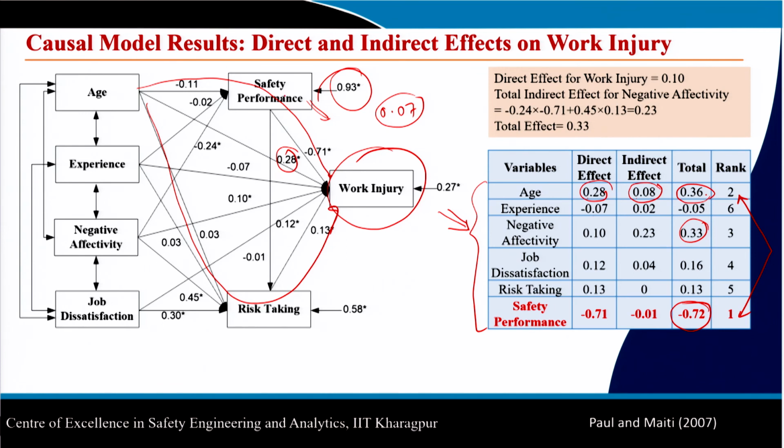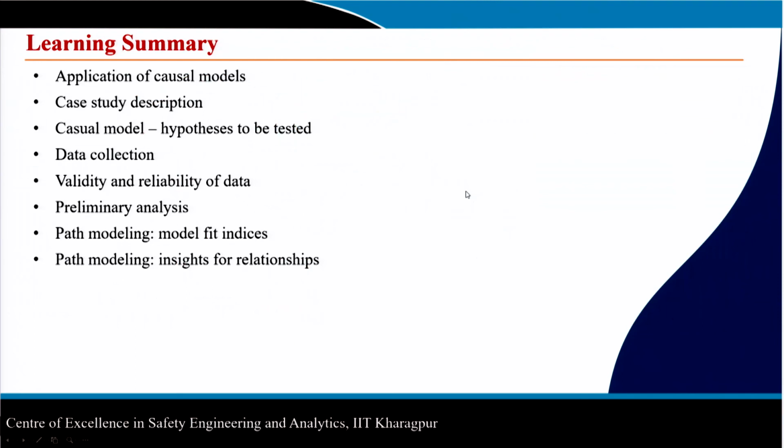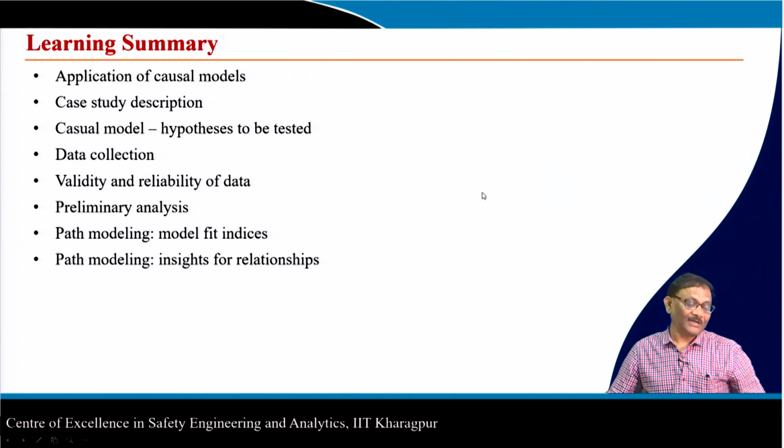You have to develop another model with reference to safety performance and then find out what other variables affect safety performance. So this is an interesting way of understanding where to put your resources. With this I close the application part.